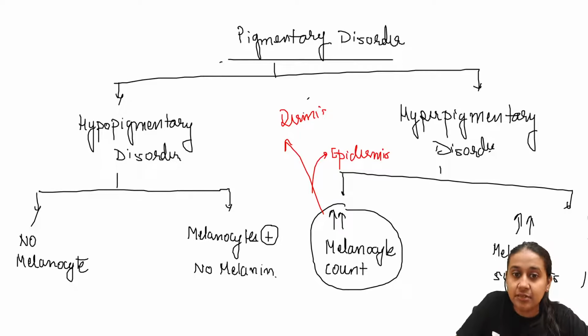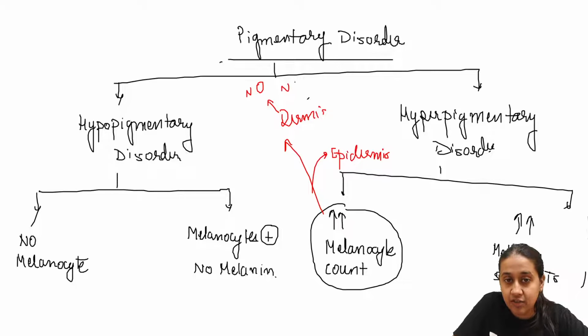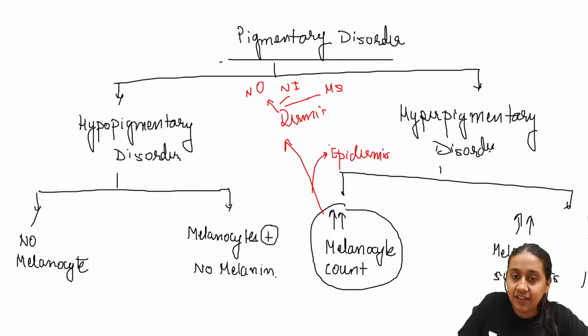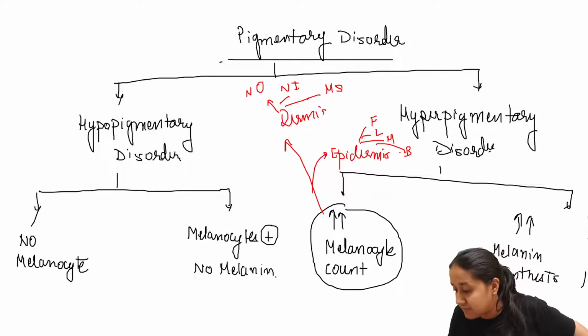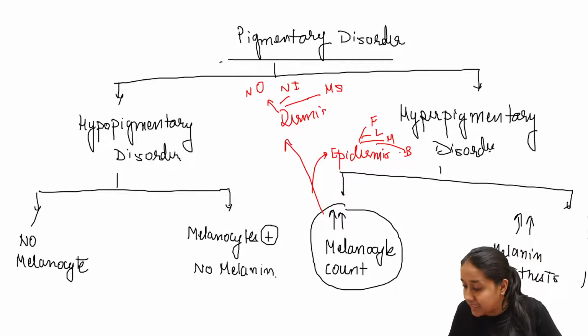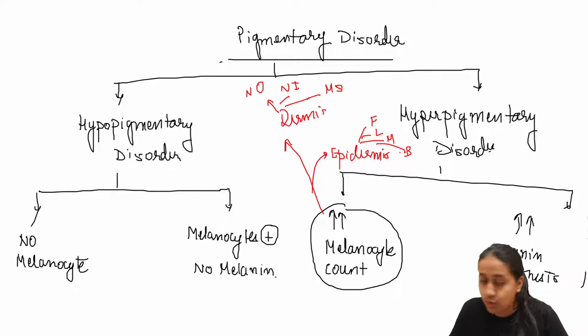If it is increasing in the dermis, you have three examples: nevus of Ota, nevus of Ito, and Mongolian spot. And if it is increasing in the epidermis, then you have freckles, lentigines, melanocytic nevus, Becker's nevus, etc. Understood, all of you?